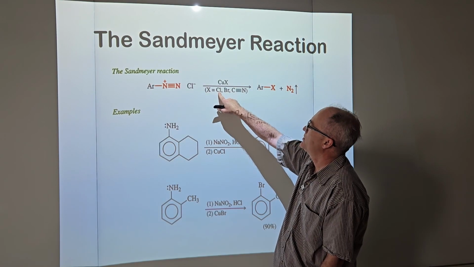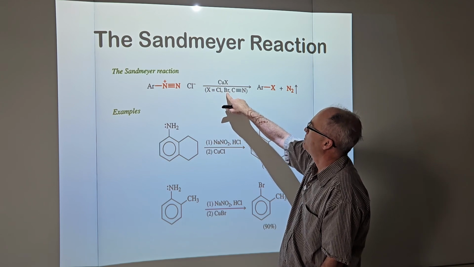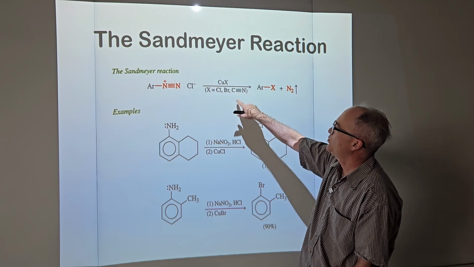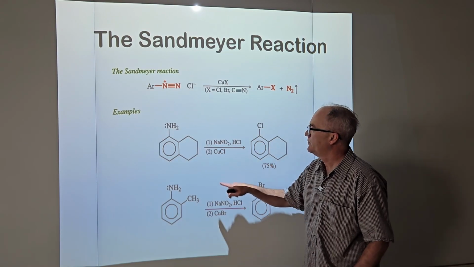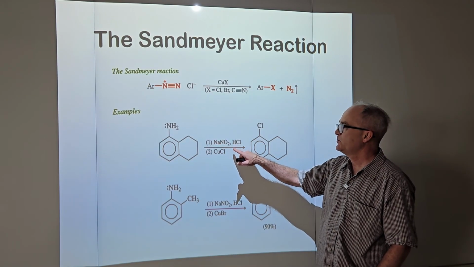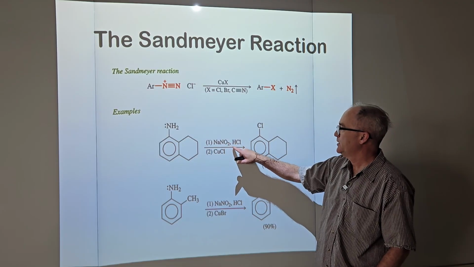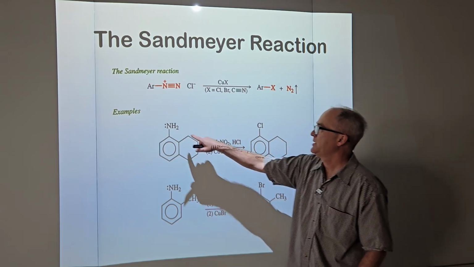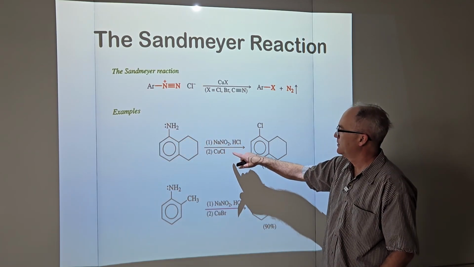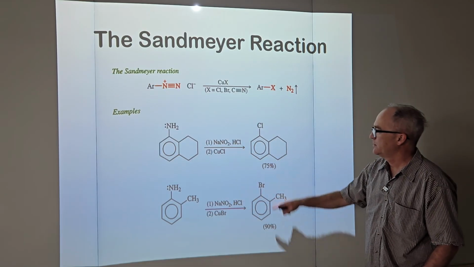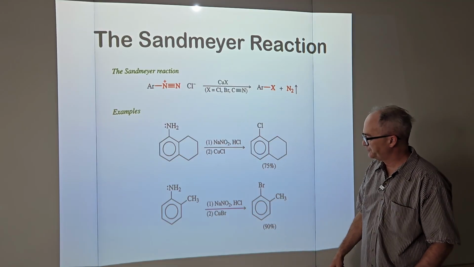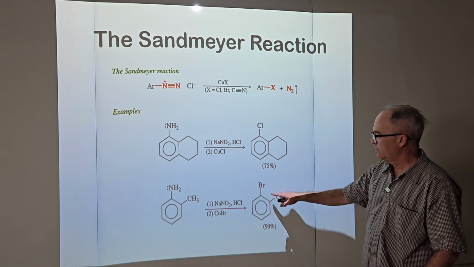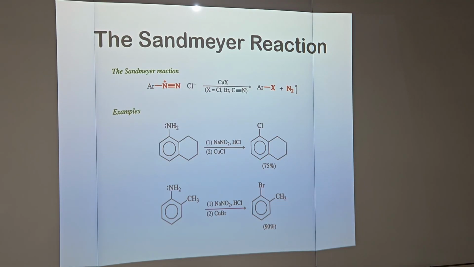So like cuprous chloride, cuprous bromide, or cuprous cyanide. Here's our aniline group, sodium nitrite, HCl, makes that diazonium salt, hit it with cuprous chloride, puts the chloride there. Here you see the same thing, putting a bromine on the ring.